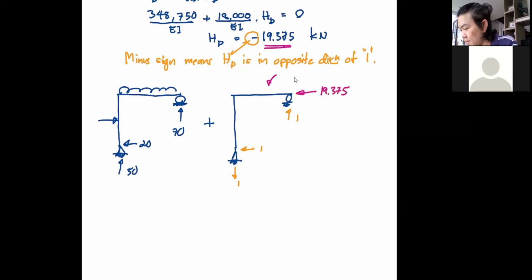If that is 1, this is 1, and if that's 19, this is 19 as well, but in the opposite direction because of the sign. And if that is 1, it gives me this 1. If this is 19, it should give me another 19 here as well, but the direction is opposite. And then the last one is the same.